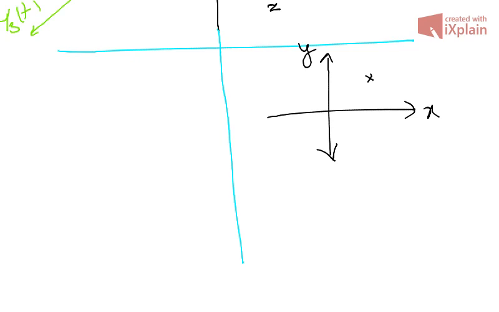You have these signals as two-dimensional vectors, so you have a vector here, a vector here, a vector here.